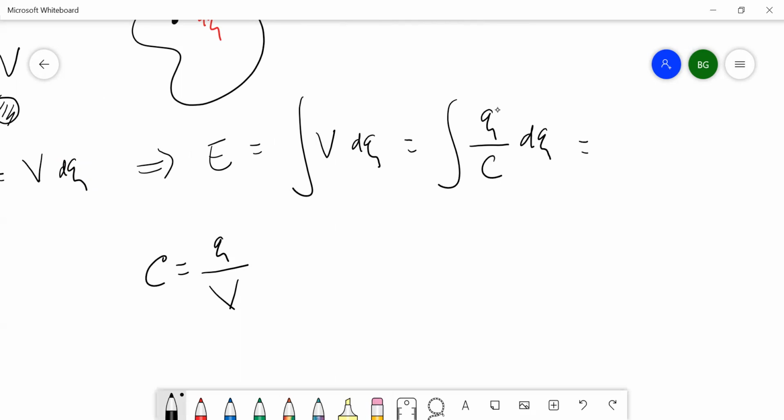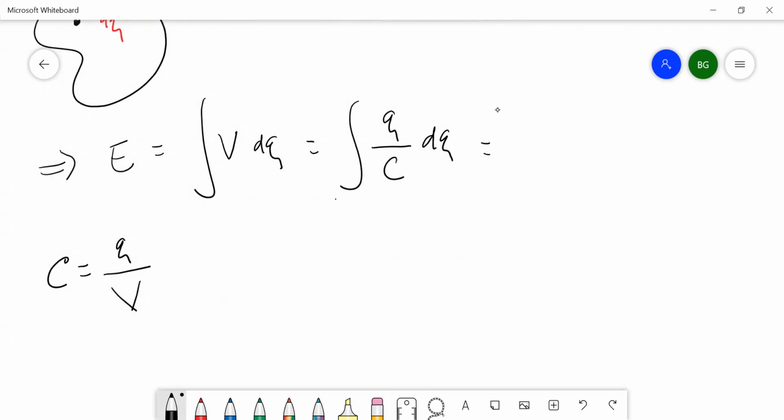If you integrate from 0 to capital Q, this should be Q squared over 2C.